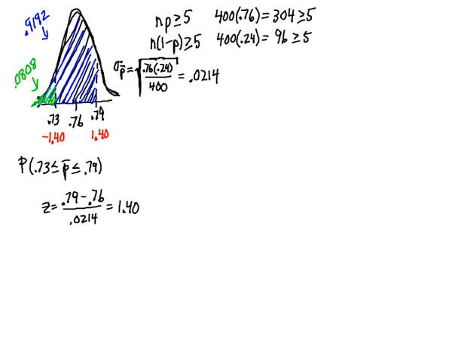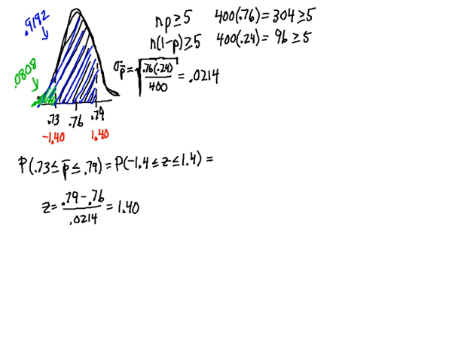So with those two values, I can go and find the probability that my sample proportion taken from a sample of size 400 would be between 0.73 and 0.79. Calculate that by finding the probability that my z-value is between negative 1.4 and 1.4.